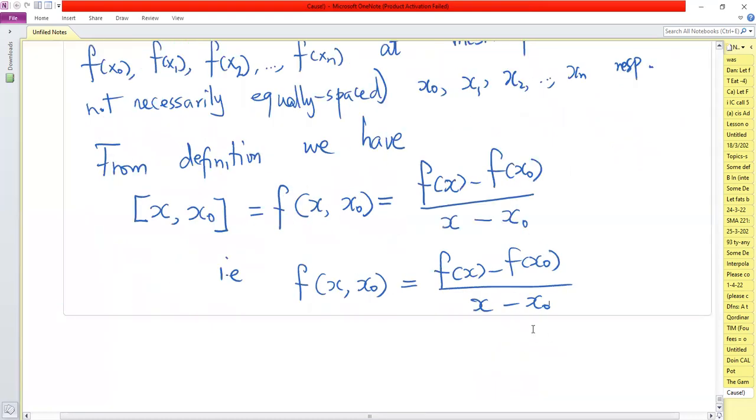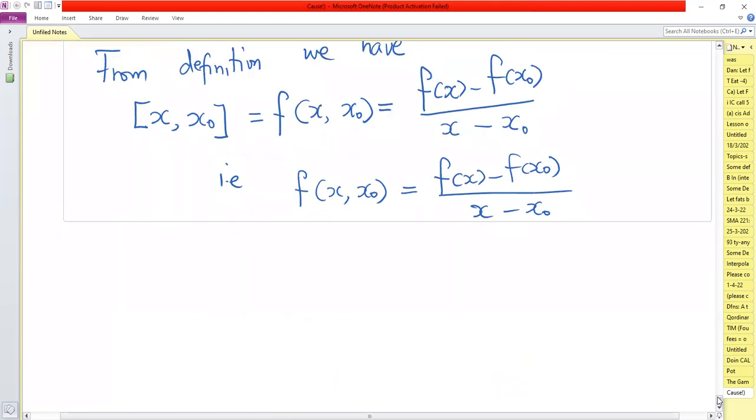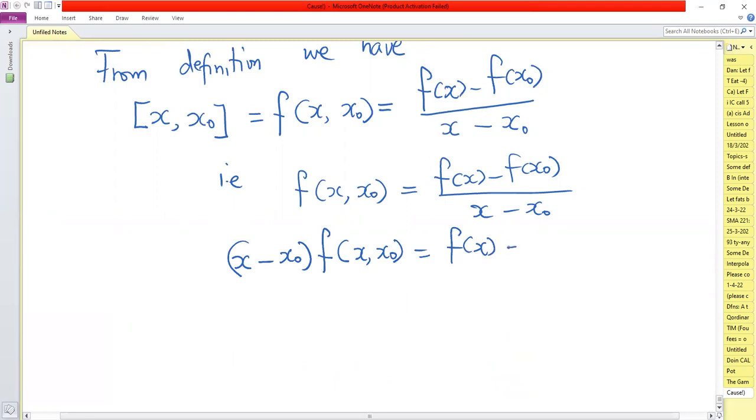Now, in this equation of the definition of the first divided difference, let's make f of x the subject. So we multiply through by x minus x0. So we'll have x minus x0 times f of x, x0 is given by f of x minus f of x0.